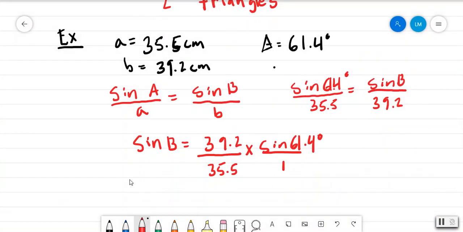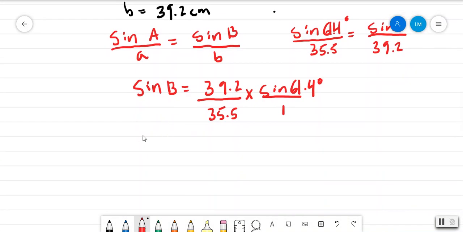All that we need to do here is say that angle B1 is equal to 75.8 degrees, followed by B2, which is equal to, well, let's do 180 minus 75.8, because we know that there's a second triangle, so that's going to be 104.2 degrees.